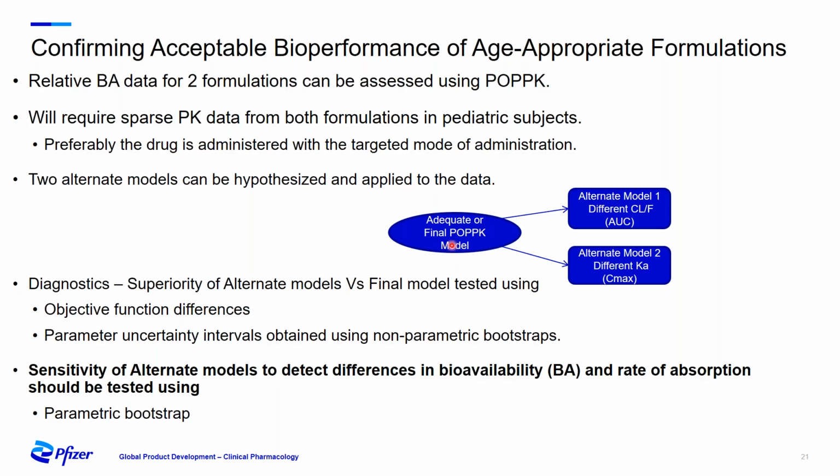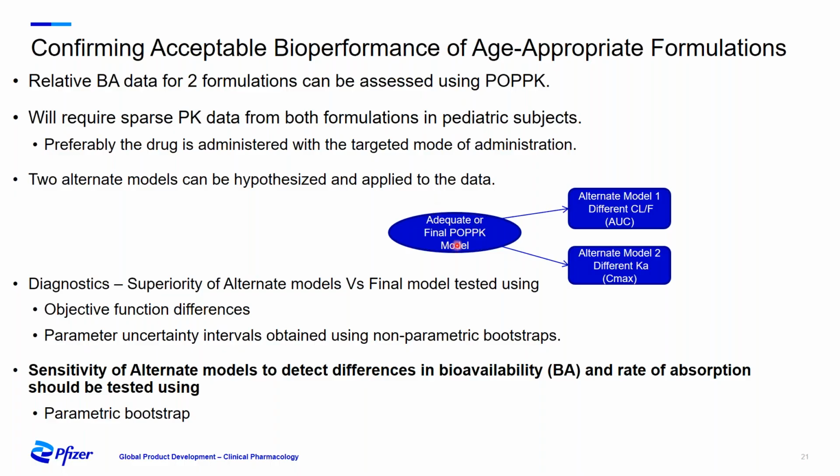But what we do is we hypothesize an alternate model to this final, or reference, model, in which the clearance is different, which controls AUC. And we have another alternate model where we say the Ka is different, or the rate of absorption is different, which affects Cmax.